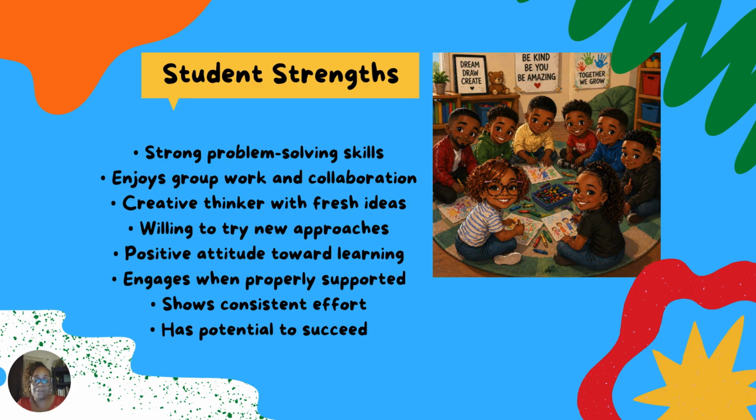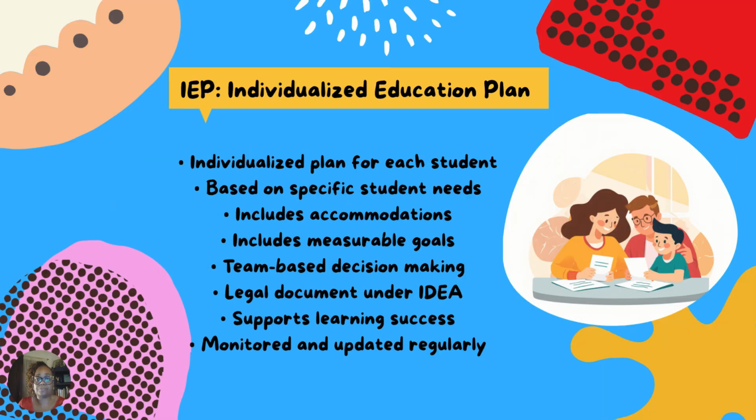Sometimes it might be better to put them in groups, to have them work together, so they can see how they can do it with other students teaching. They learn from each other. Creative thinking with fresh ideas, a positive attitude, engages with proper supports. It shows consistent effort and the potential to succeed.